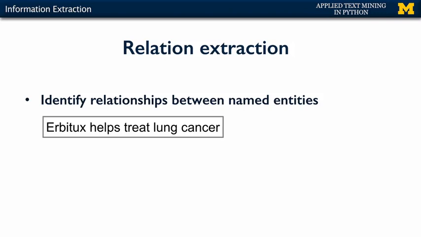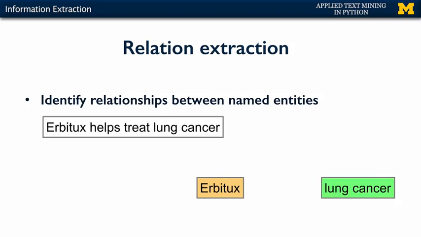This sentence has a relationship between two named entities. One is Erbitux, colored yellow here to represent that it is a treatment of some kind. And then you have lung cancer, in green, to represent a different named entity, in this particular case, a disease or a diagnosis.